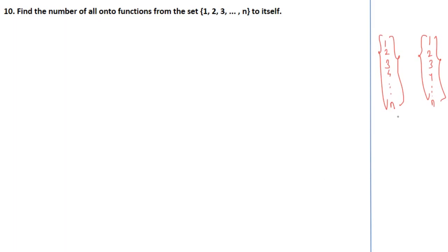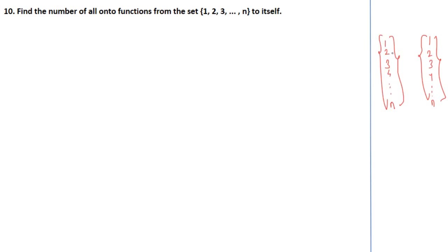So it's very easy. See, for a function to be onto, each and every element of the codomain must be related to an element of the domain. So there should be no element in this codomain left untouched by the elements of the domain. So every one of the elements of the domain must have one image here.